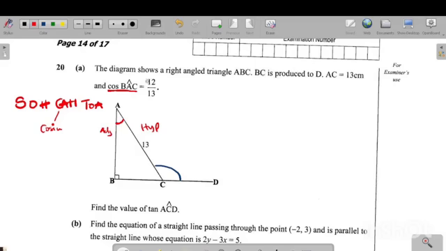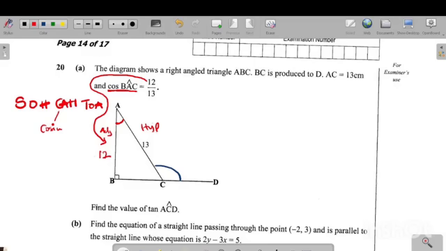This side is 12 centimeters. So when you say adjacent over hypotenuse, you go back to 12 over 13.